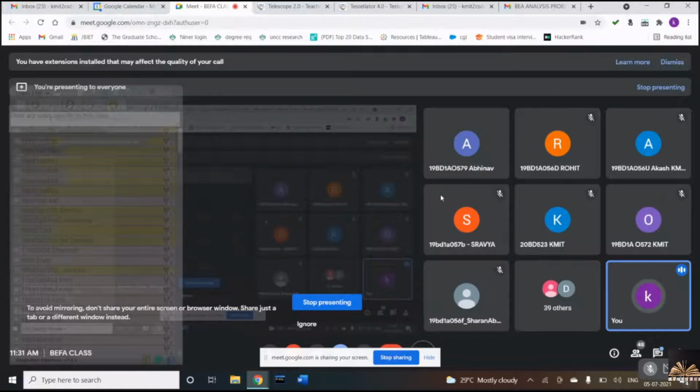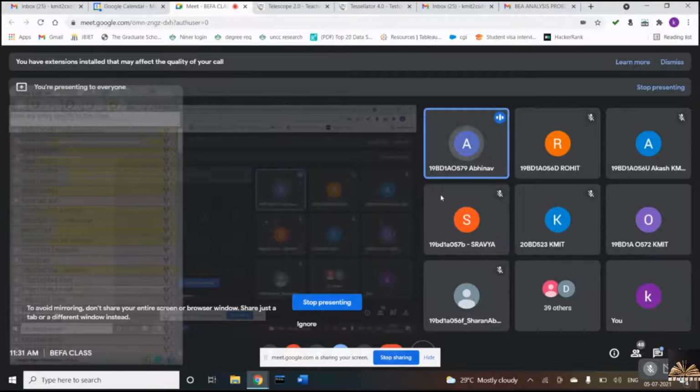When you increase variable cost by 2 rupees, it becomes 8 rupees, and fixed cost increased by 10,000 is 70,000. 70 by 2, 35,000. Yes, ma'am, 35,000. Abhinav, how did you get that? Variable cost increased by rupees 2, so from 6 you have to take 8 rupees.